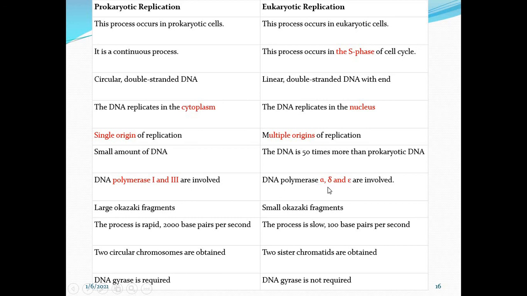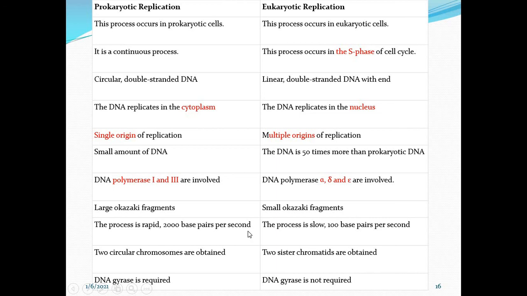Primase enzyme is also present in both, and the single stranded binding proteins are also present in the replication of both organisms. However, the principal enzymes of replication are DNA polymerases, which differ in prokaryotic and eukaryotic microorganisms.